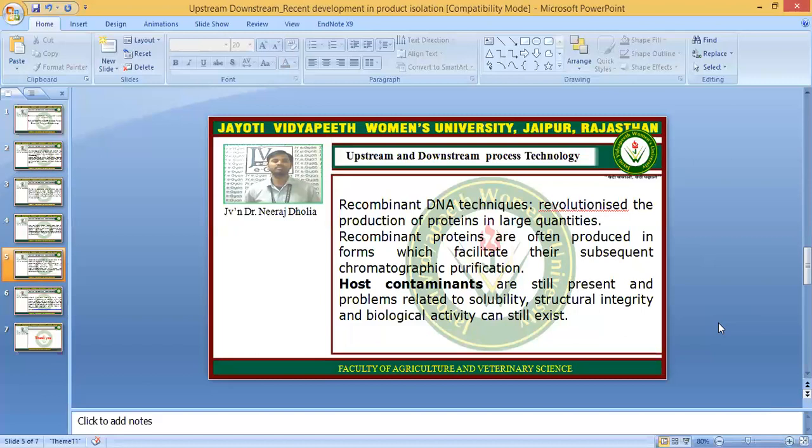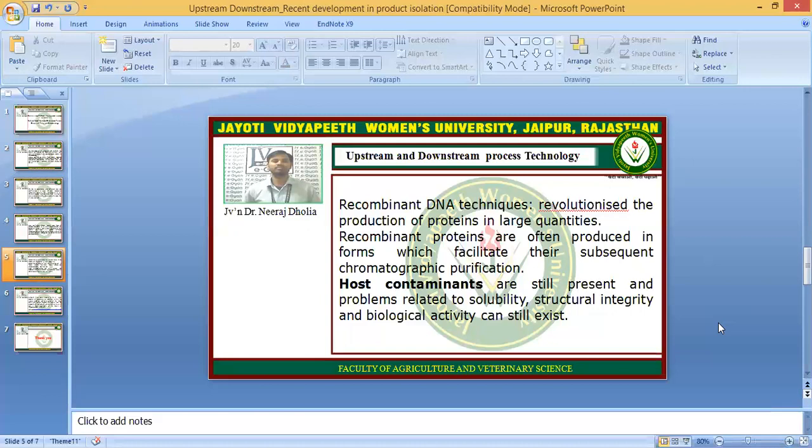Okay, so recombinant DNA techniques revolutionized the production of proteins in large quantities. Recombinant proteins are often produced in forms which facilitate their subsequent chromatographic purification. Although the host contaminants are still present, and problems related to solubility, structural integrity, and biological activity can still exist.